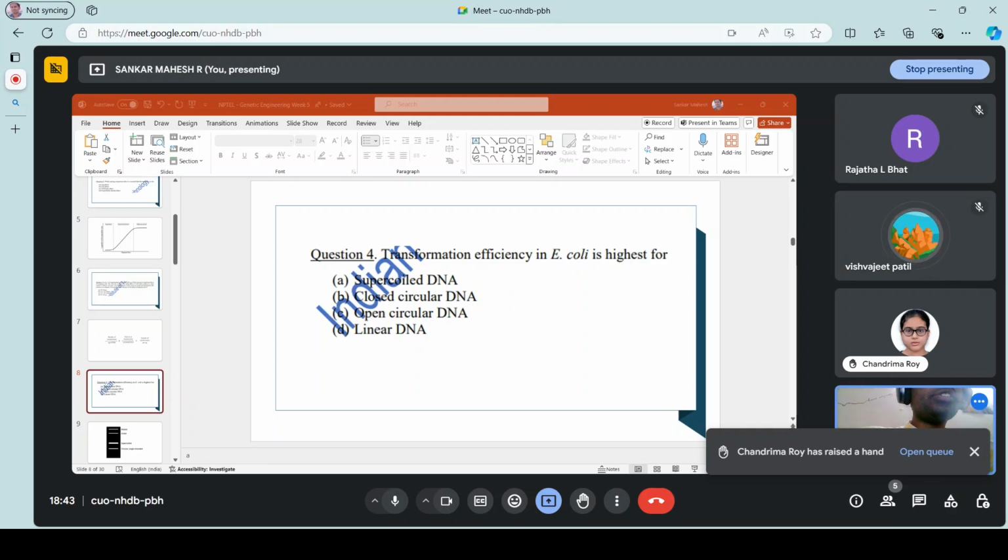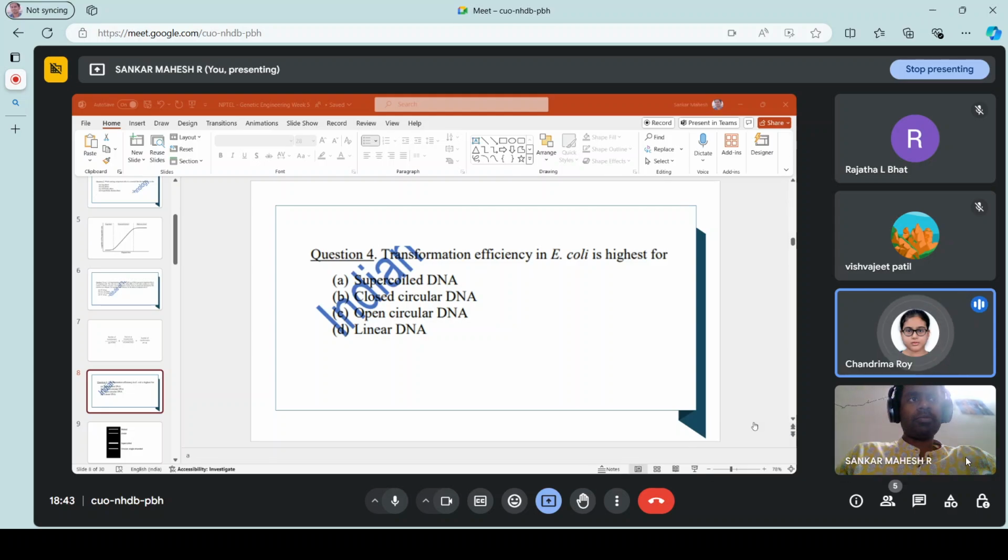Okay? Yeah, Chandrima. Actually, sir, in the case of supercoiled DNA, it is highly coiled, which makes the DNA very compact, and it helps to enter that DNA into the cell easily compared to other ones, because if it is compact, it will be easier to get inserted in the E. coli.